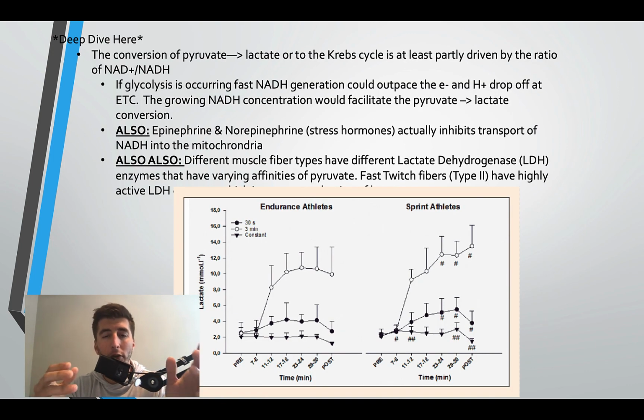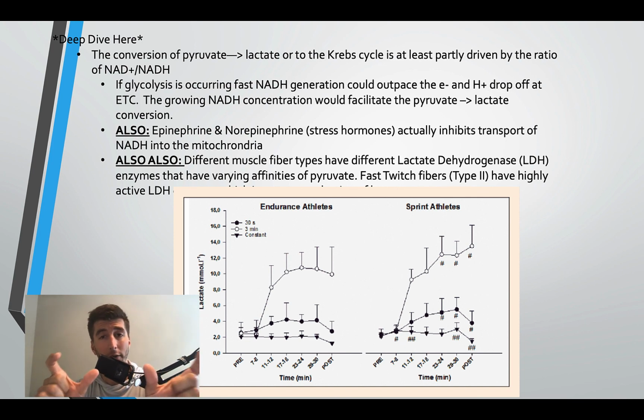But if you go a little bit further onto this lactate concept, it's not just the NADH that's going to be driving this conversion to lactate. Stress hormones are also going to be driving the conversion to lactate. So stress hormones, specifically epinephrine and norepinephrine, are going to minimize the amount of NADH that can get into the mitochondria. And that's important because that's where the electron transport chain is.